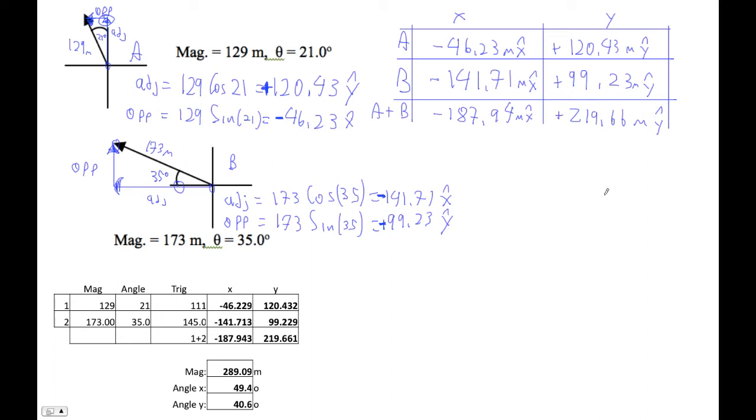Now we got to draw a picture of this bad boy, right? So notice that the x component's negative. So we start here. I got to go to the left, right? So let's go to the left. And then from there, we got to go up. And this side should look longer than this side.